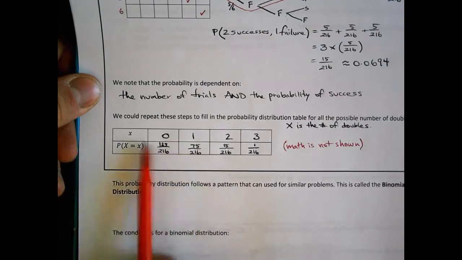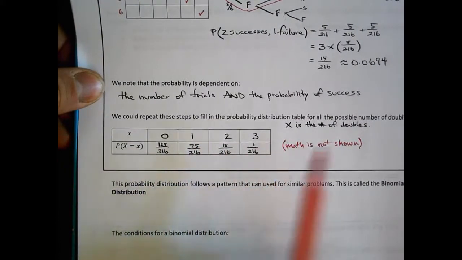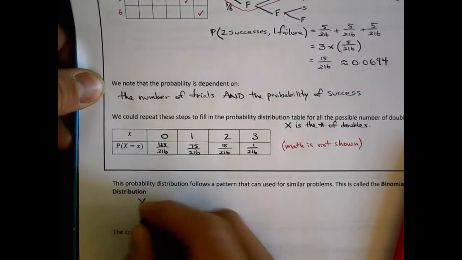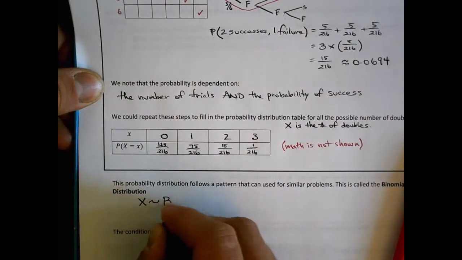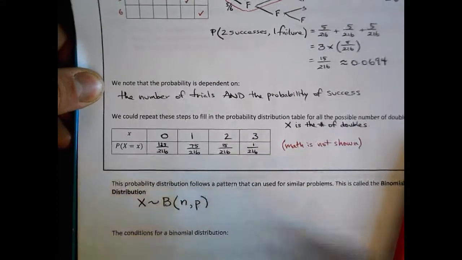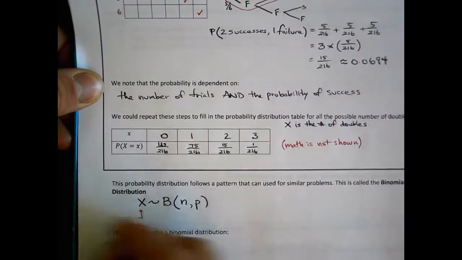This probability distribution table that we just drew here follows the binomial distribution. The binomial distribution is written as x belongs to b, and then the 2 parameters n and p. So this is the random variable x.